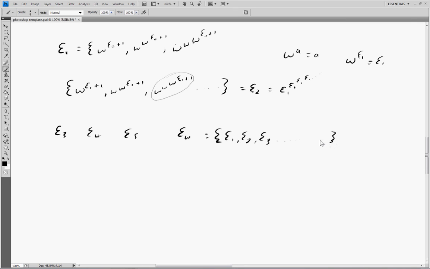And plugging this into the fast-growing hierarchy, F sub epsilon sub omega of 3. Take the third element of this, and we end up with F sub epsilon sub 3. And then we go from there.